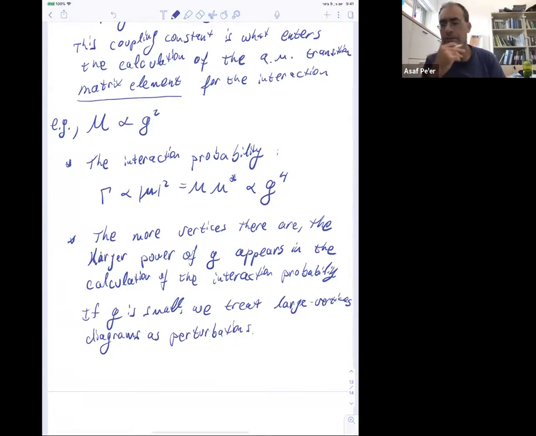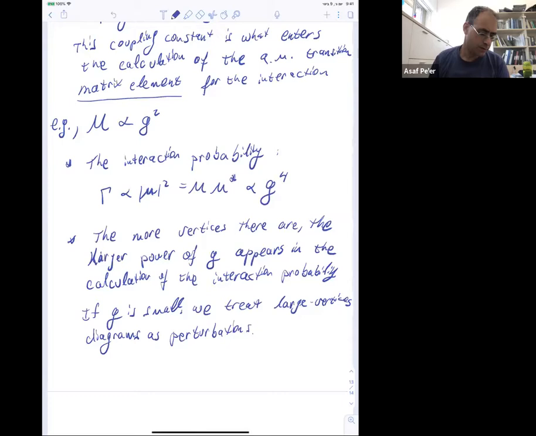That's why, for practical reasons, it's good enough in some cases, and I'm going to give you the exception in a second, to stick with the lowest order Feynman diagrams.